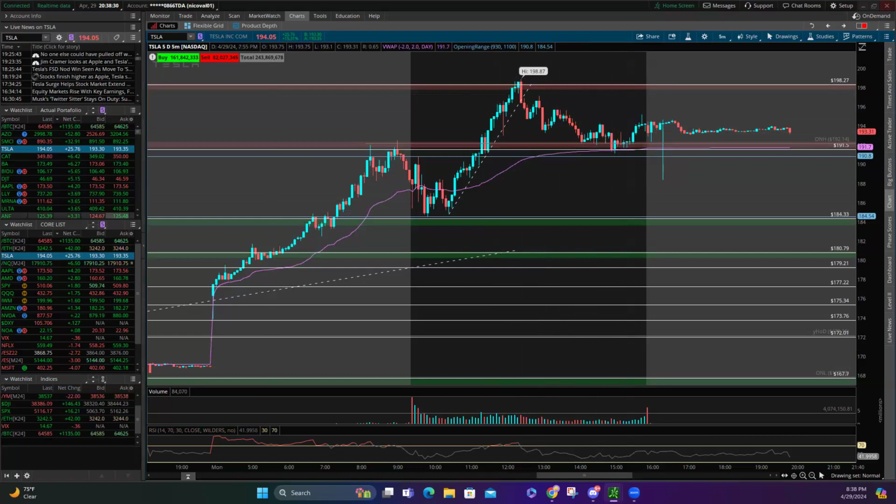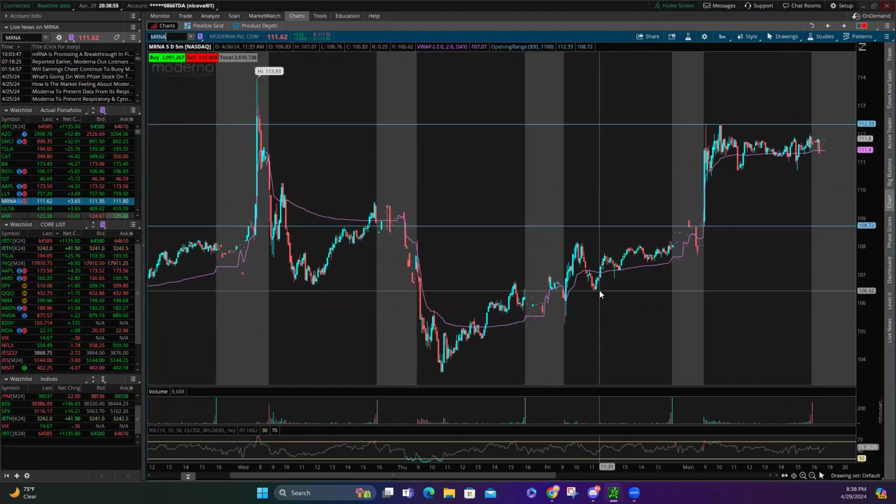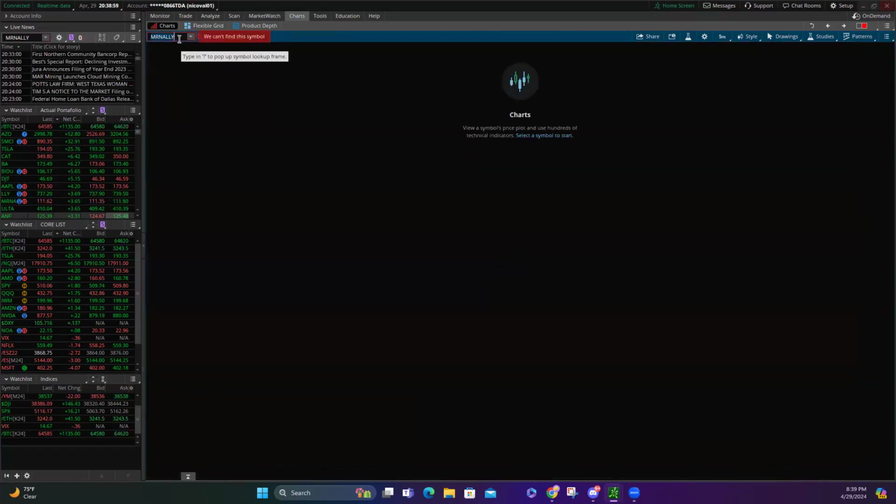I mean, it's really not that much. I just wanted to show you how fairly easy it is to use on one name, and we can find it in endless names. Like we can go to Moderna, and you see how we just trended above VWAP, a little look below, don't touch, and then added. I don't have many levels because I'm not trading Moderna currently that much, but let's look at Eli Lilly.